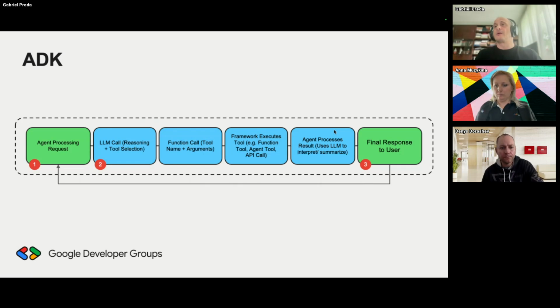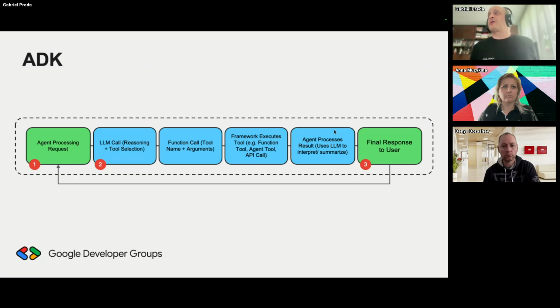And then let's say a tool was selected, then you'll have a function call, which will pass the tool name plus the arguments. Let's say it's a tool that receives an image, so maybe you should extract and process that image.